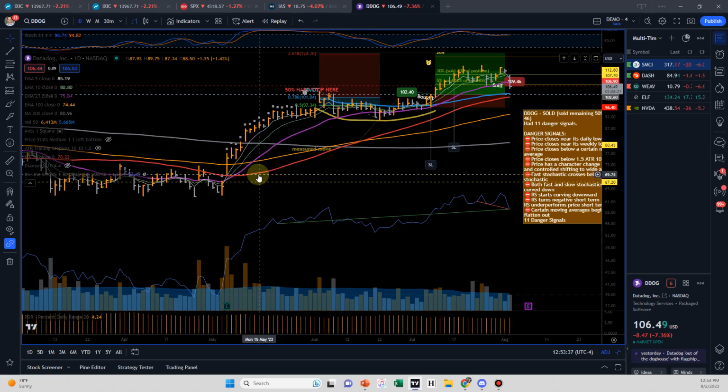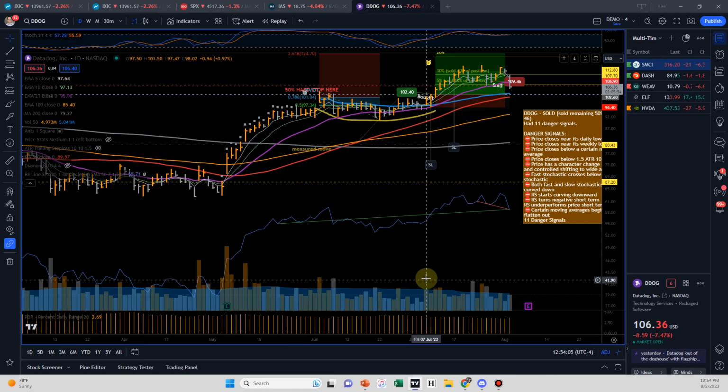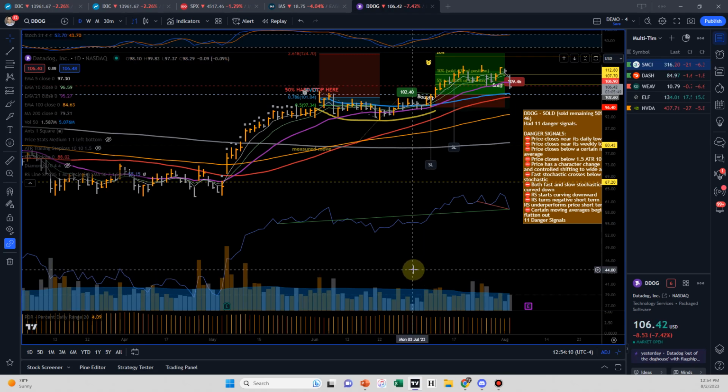But a day like today really kind of hit home for me, when I looked at how much percent down the position was today. Talking with you earlier, you mentioned you were out a couple of days ago because of the number of danger signals you saw. That might be a cool example, for everyone in the group, to look at the specificity of what you use to say, I should be out by now.